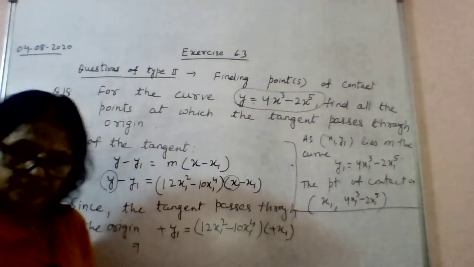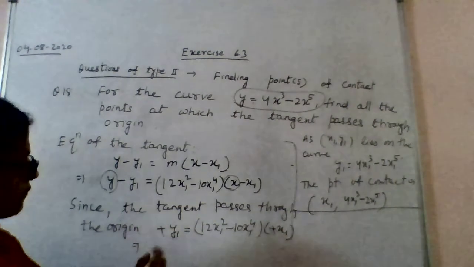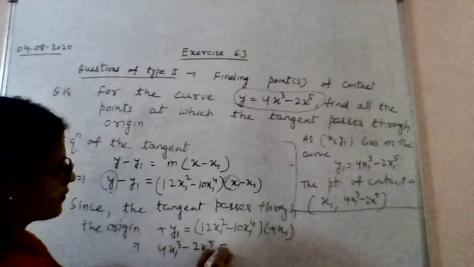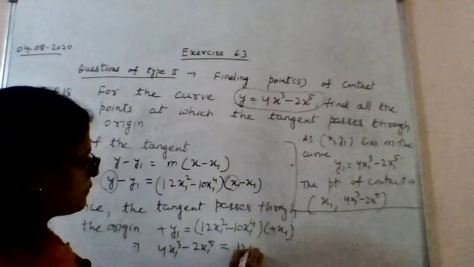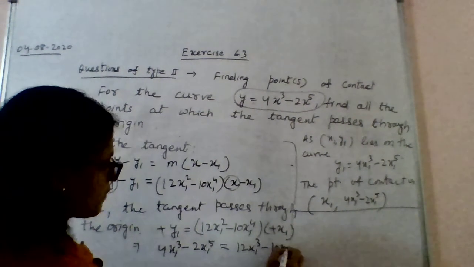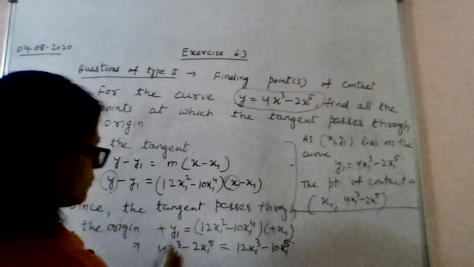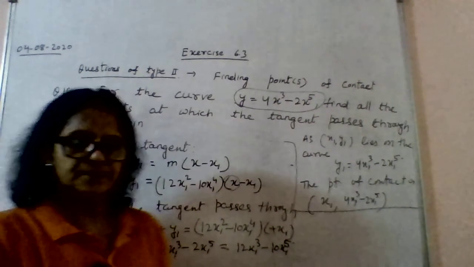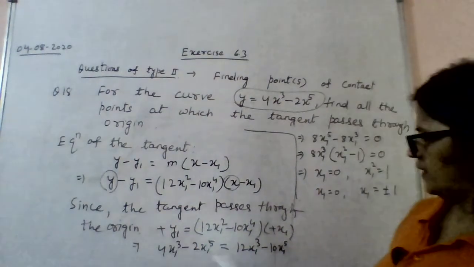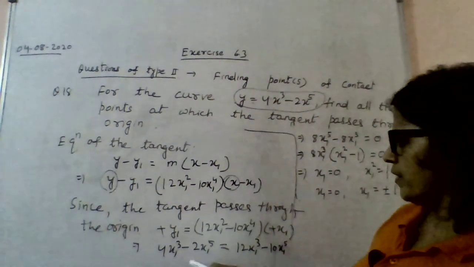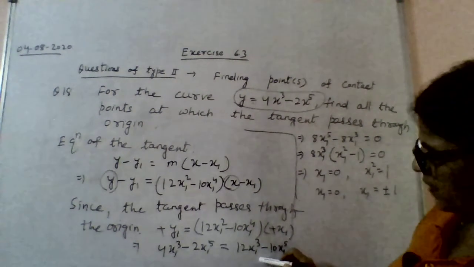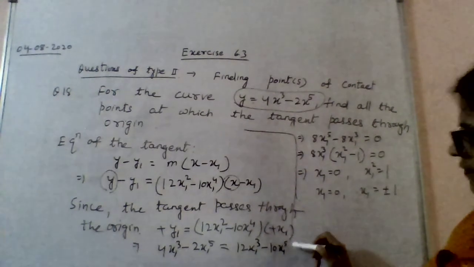So y1 can be replaced by this value, 4x1 cube minus 2x1 power 5, equal to 12x1 cube minus 10x1 power 5. Equating, we get 4x1 cube minus 2x1 power 5 equals 12x1 cube minus 10x1 power 5.